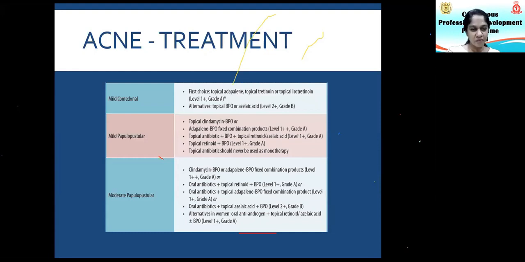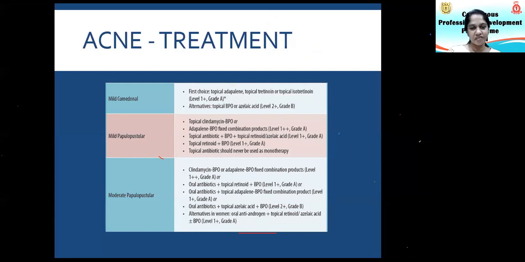And if it is papulopustular acne, moderate acne, then there will be a place for either topical or, sometimes if it is severe, oral antibiotics. Then there are other treatments like azelaic acid and anti-androgens, depending on the associated factors.